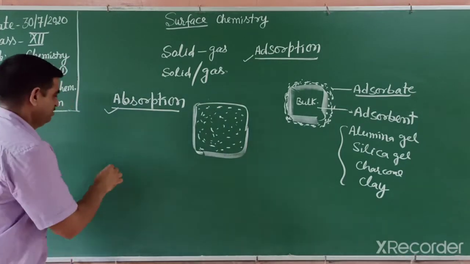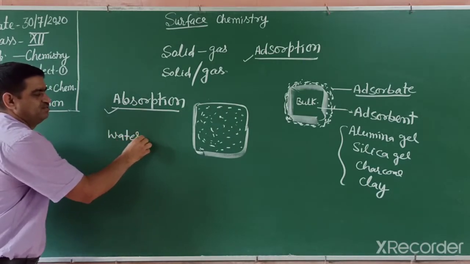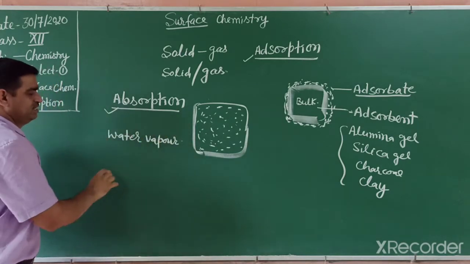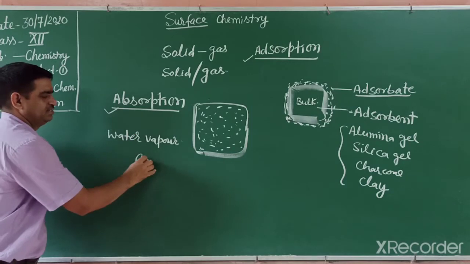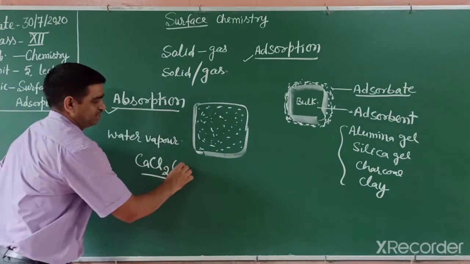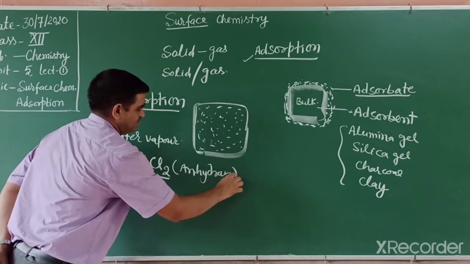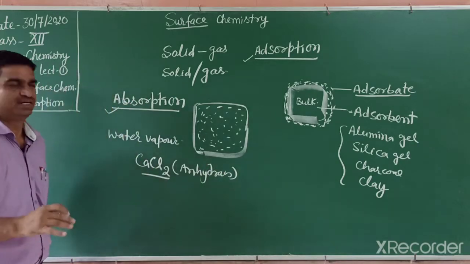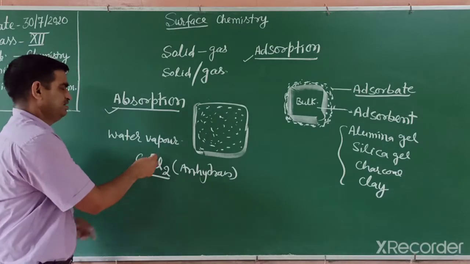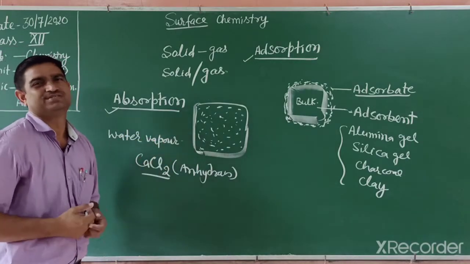For example, if moisture or water vapor is present in our surroundings, we use anhydrous calcium chloride for absorption. Anhydrous means there is no moisture. If you place calcium chloride in a room, it absorbs the moisture and converts into a liquid state.